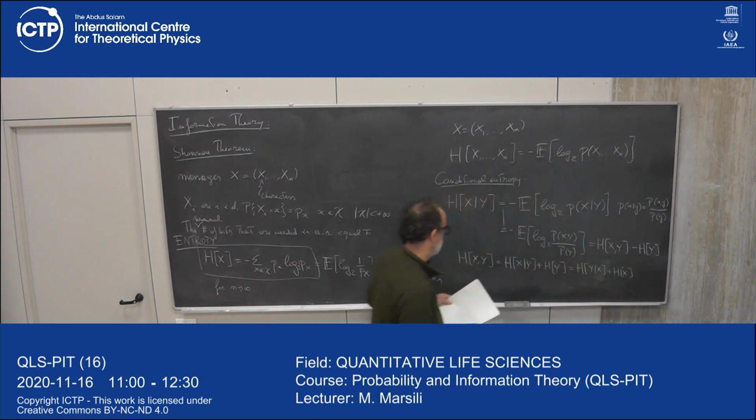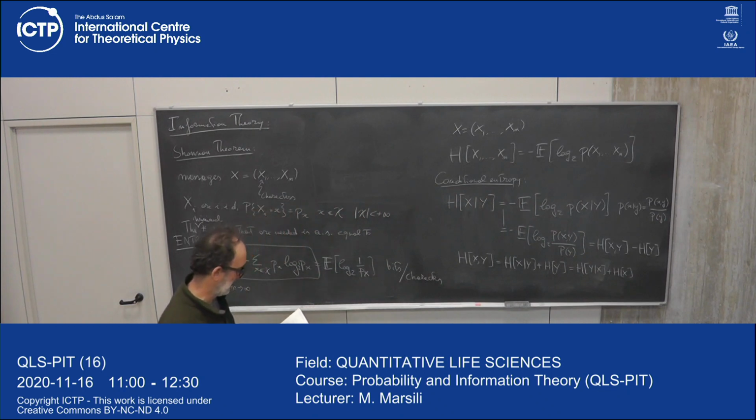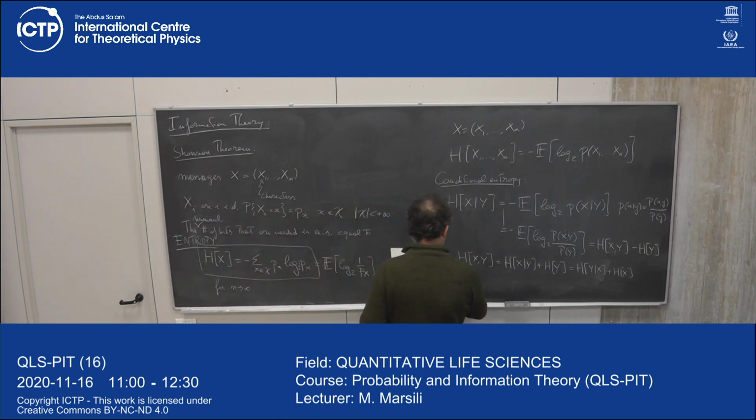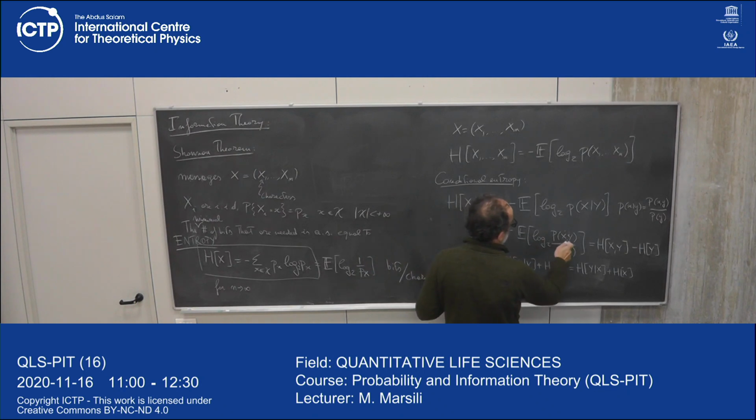And you see also that if x and y are independent, then this is just a product of the two probability distributions. So p of y just cancels, and here you just have h of y.